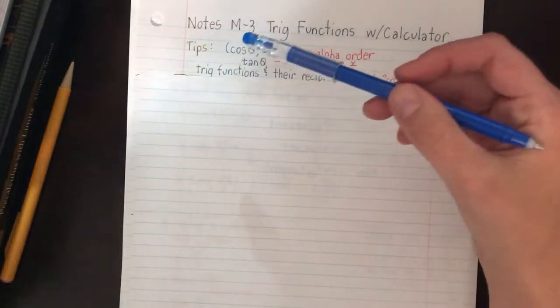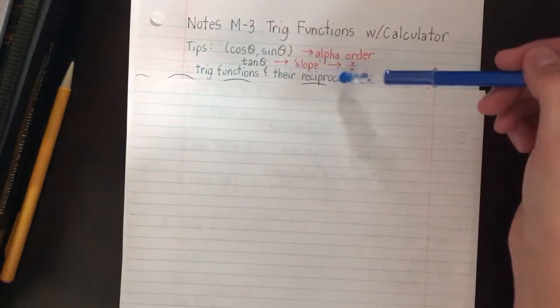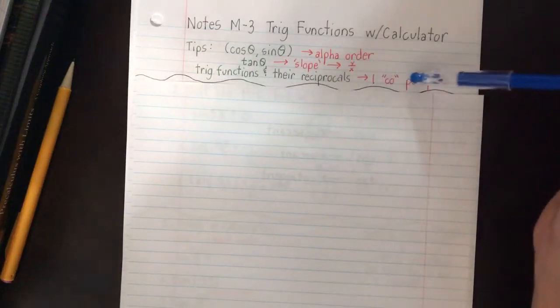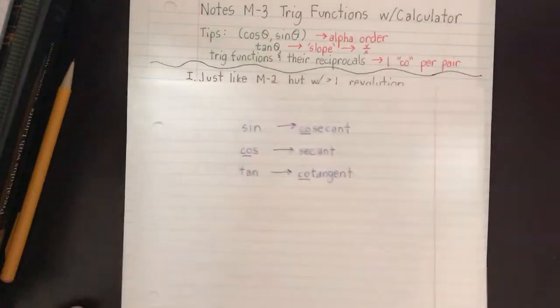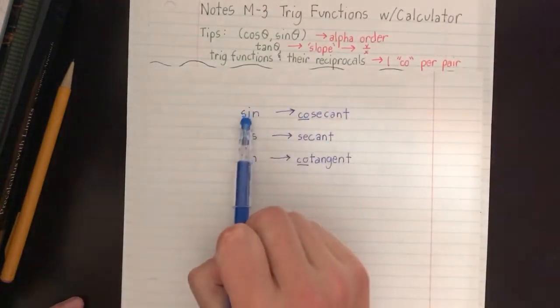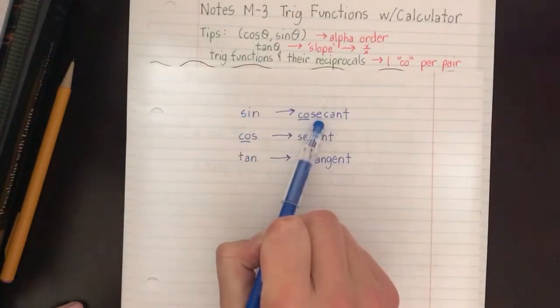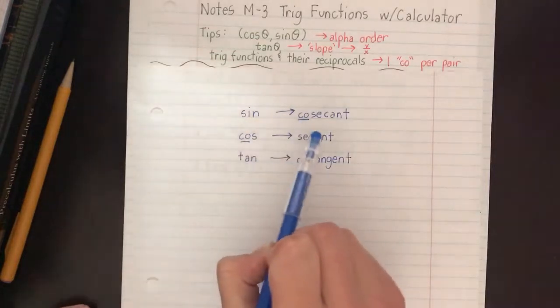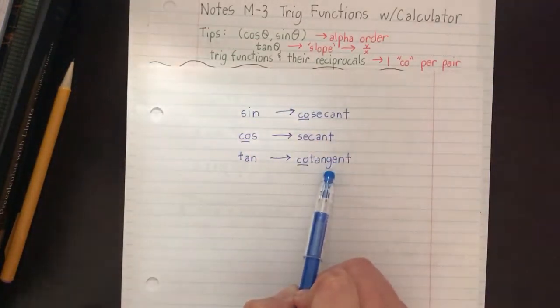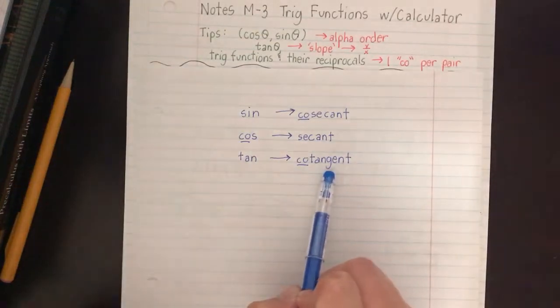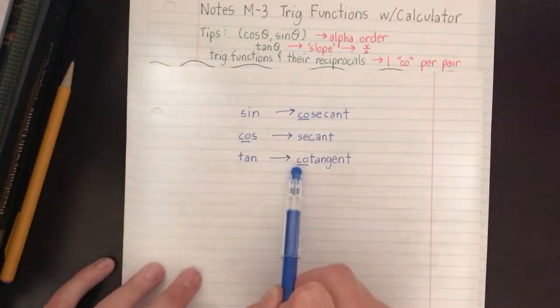And think about, if you haven't already, trig functions and their reciprocals have one co per pair. You don't have to write this down, but look at this. Sine's reciprocal is cosecant, cosine's reciprocal is secant, and tangent's reciprocal is cotangent. Notice there's one co per pair.